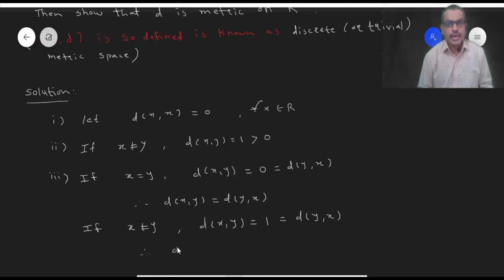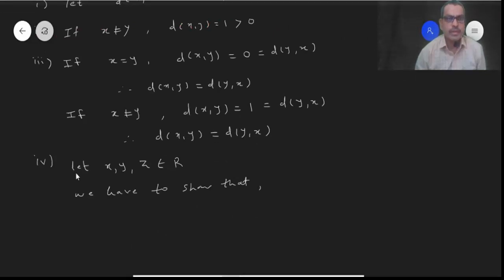Therefore we say that the distance from x to y is equal to the distance from y to x. That is, d(x,y) is equal to d(y,x). The condition for symmetry for x equal to y and x not equal to y are satisfied. That is, d(x,y) is equal to d(y,x) for x equal to y and for x not equal to y.